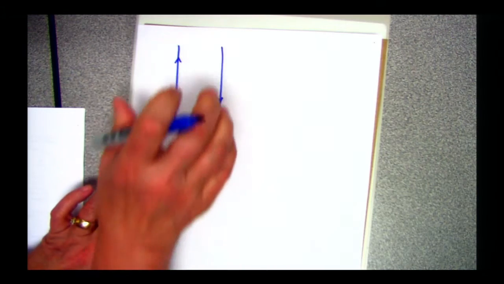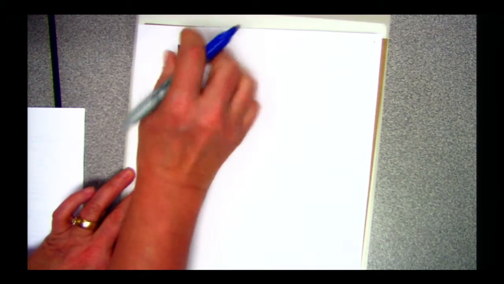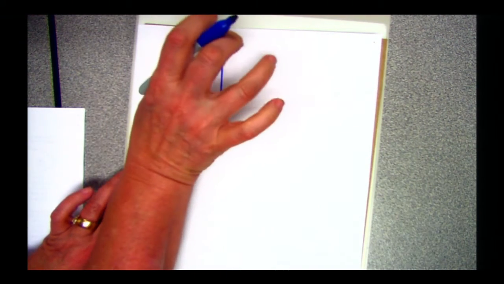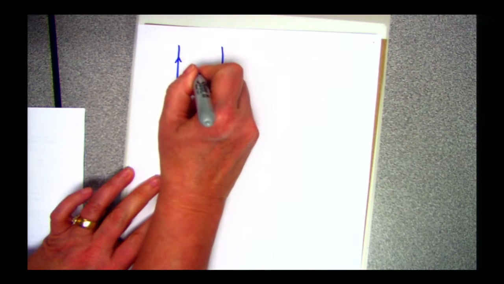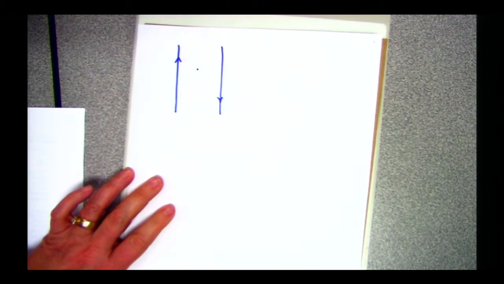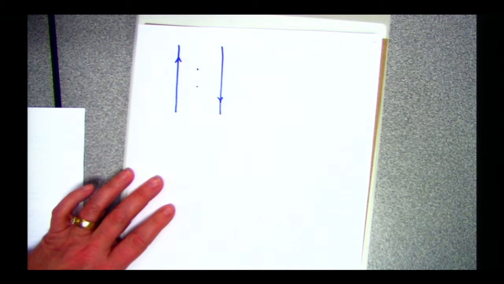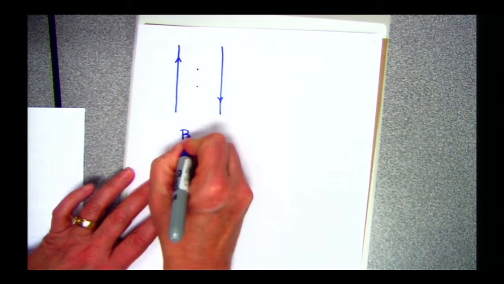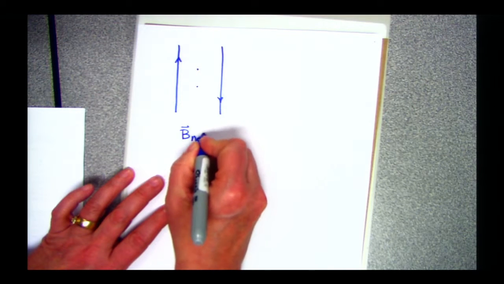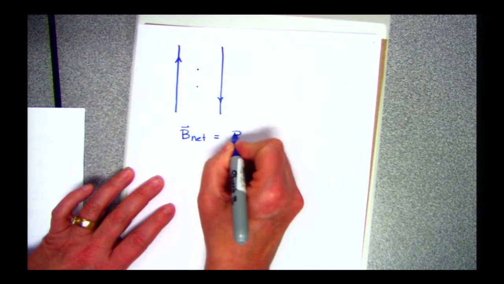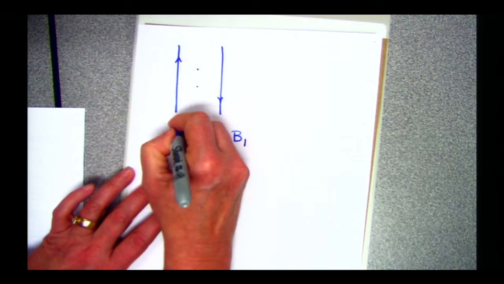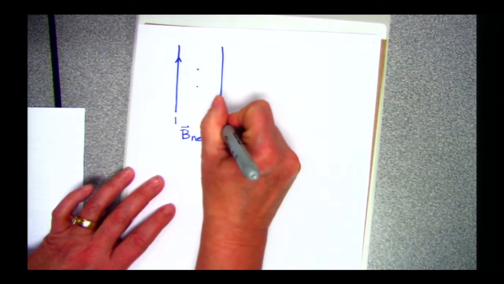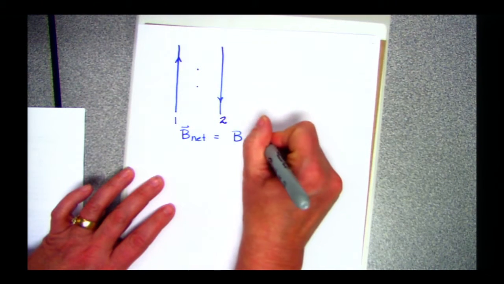So if I use my right-hand rule, this current is going to generate a magnetic field going into the paper this way. This one is going to generate a magnetic field going into the paper this way. So in between these two, the net magnetic field is going to equal the magnetic field due to wire 1, we'll call that wire 1, and wire 2, we'll call that wire 2.